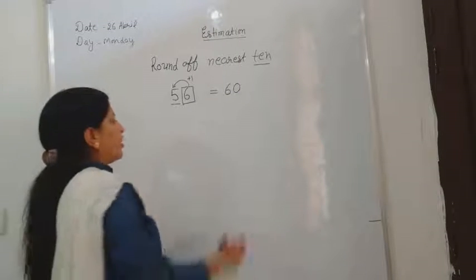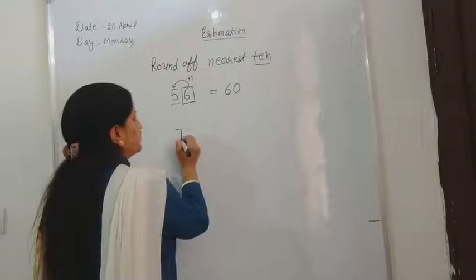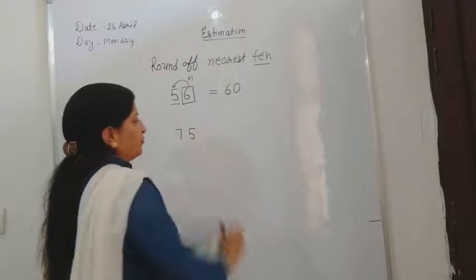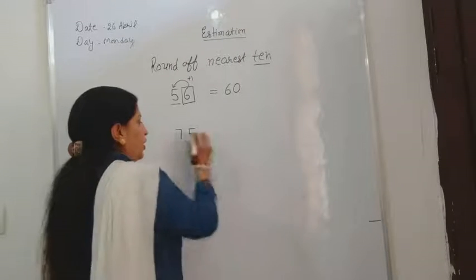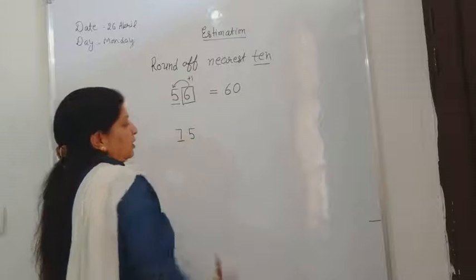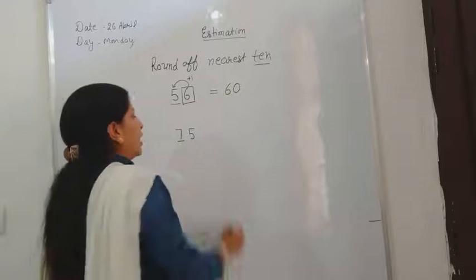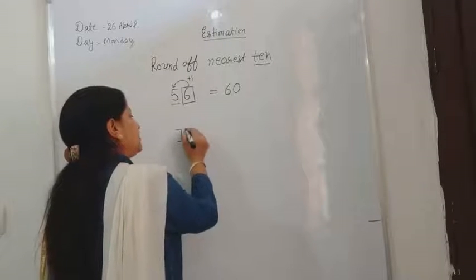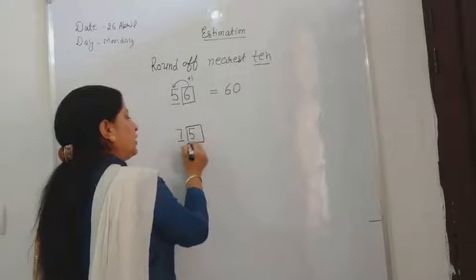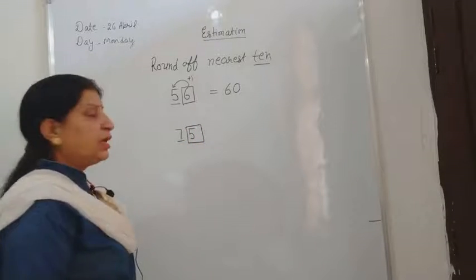Now we take one more example, 75. Here 7 is the tens place digit and the ones place digit is 5, so we put it in the box.